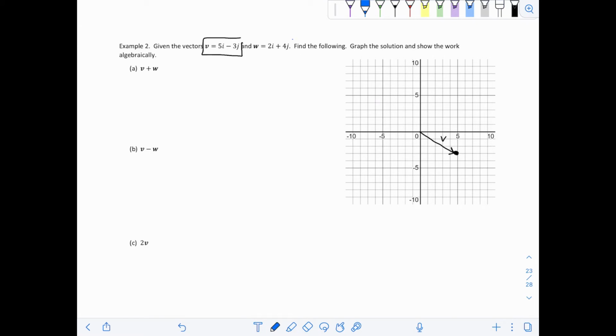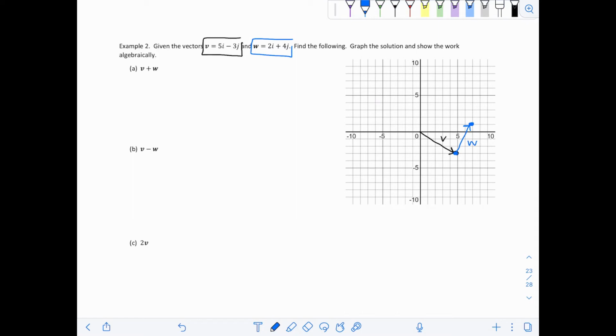So let me go ahead and draw vector w starting from where vector v ended. In that case, it means the x value would move over 2, and the y value would move up 4, which would be right here. So this is, graphically speaking, what happens when we do v plus w.